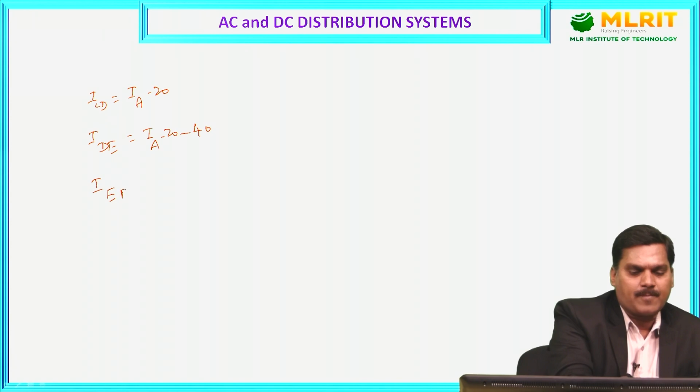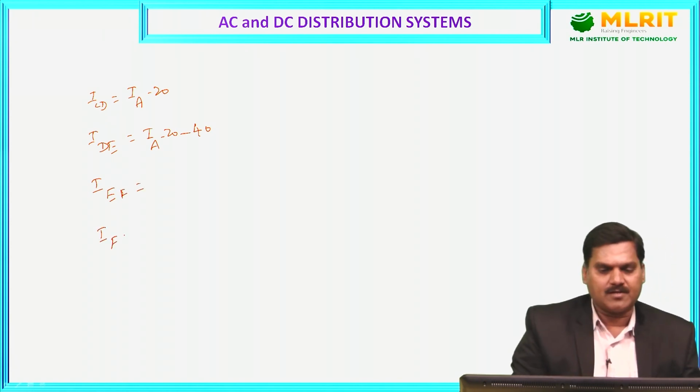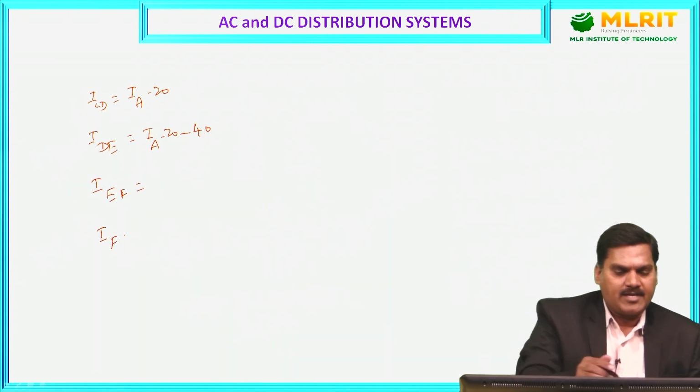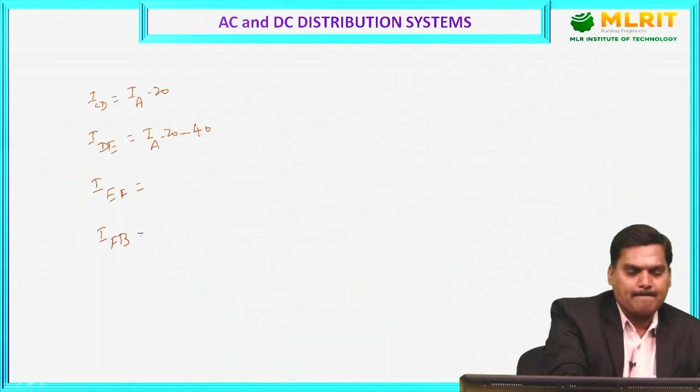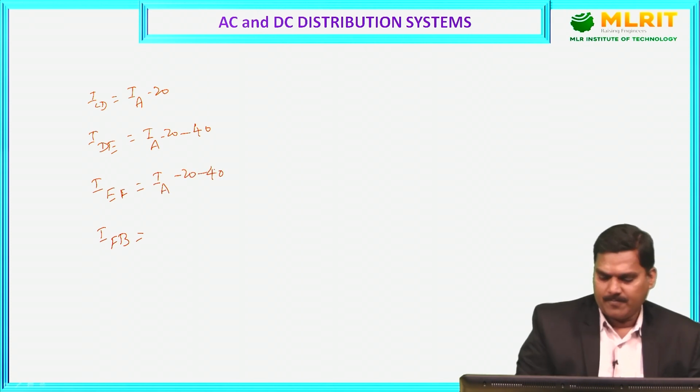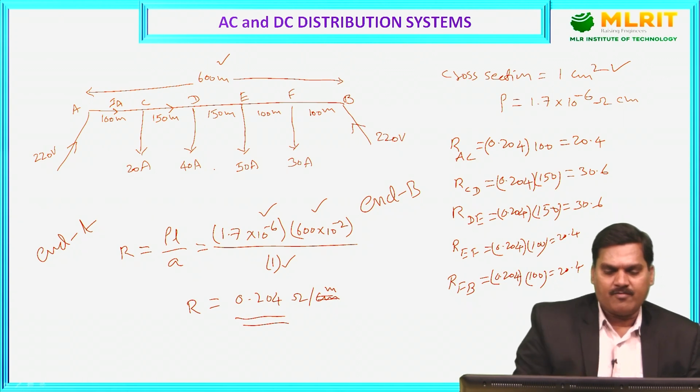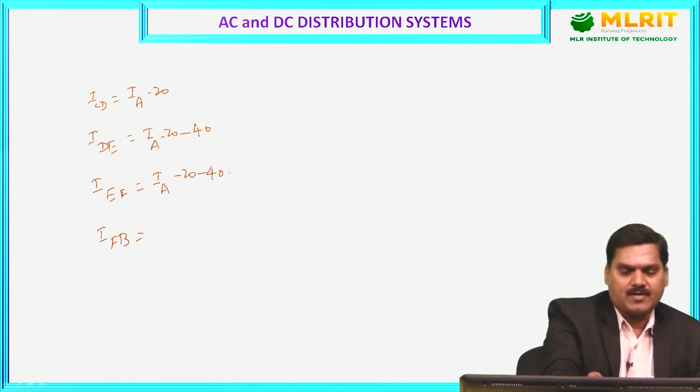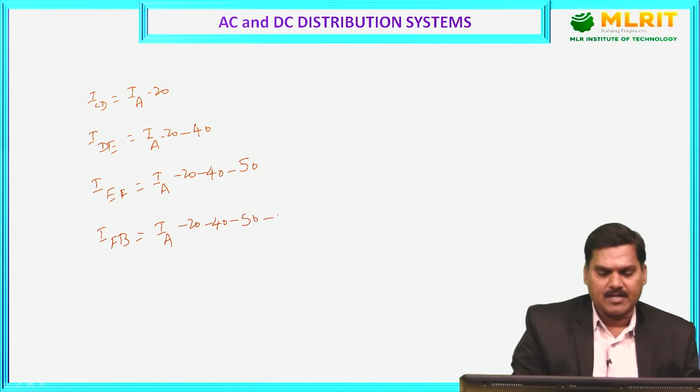Similarly for the EF section, and next the FB section. From IA again minus 20, minus 40, a 50 amperes is drawn, and again like this we take the current in each section: minus 20, minus 40, minus 50, minus 30.